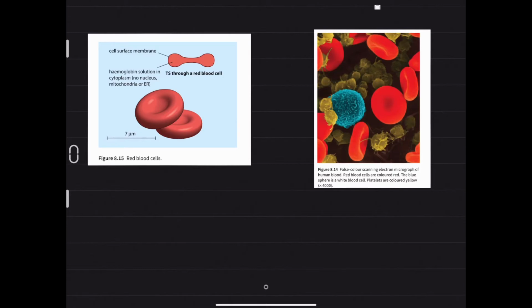And if we look at the red blood cell side on, if you look at this image here, you can see how the name biconcave comes about. Now all of this allows for oxygen to quickly diffuse in and out of the red blood cell at a very fast rate.